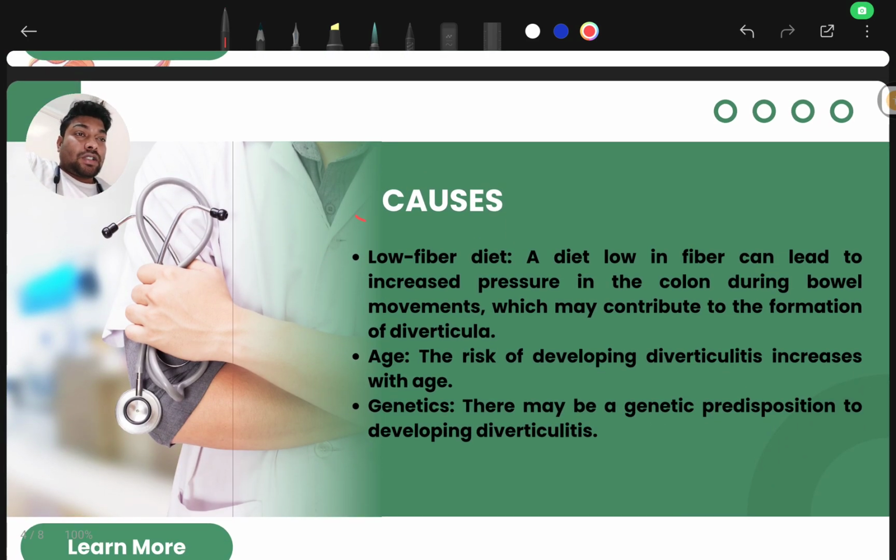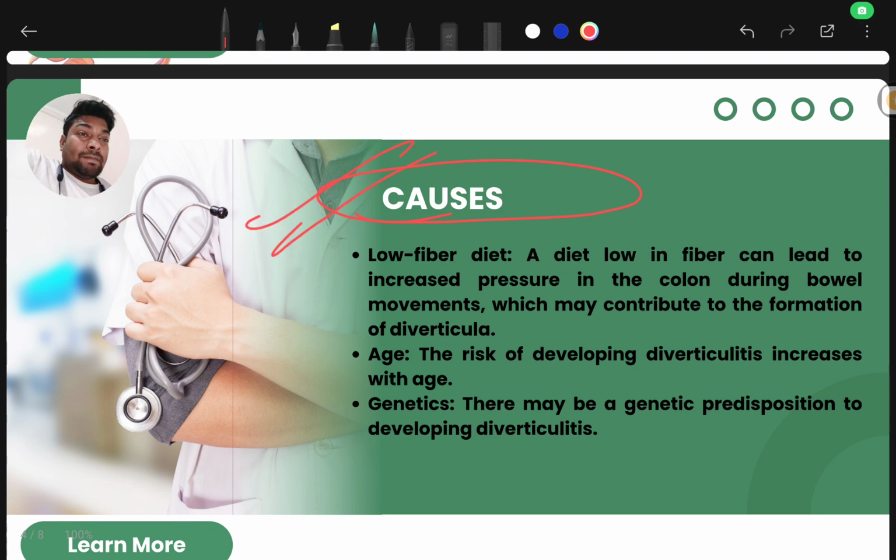Now talking about the causes of colonic diverticulitis, the very first one is low fiber diet. Okay, so if we are having less amounts of fiber diets, it means decreased amounts of vegetables, fruits, okay, which is the cause for colonic diverticulitis.